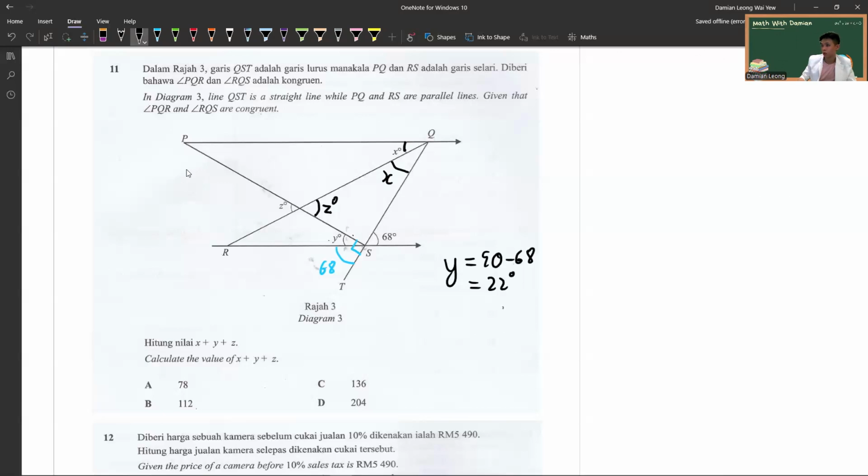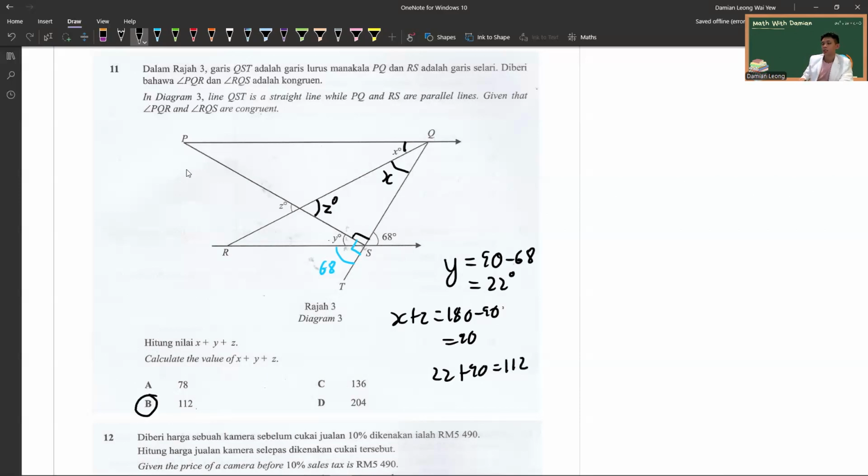Actually, I would know here is 90 as well, since this is a straight line. This side 90, this side also 90. So I can find x plus z. x plus z is 180 minus 90, which is 90. So x plus y plus z is 22 plus 90, 112.